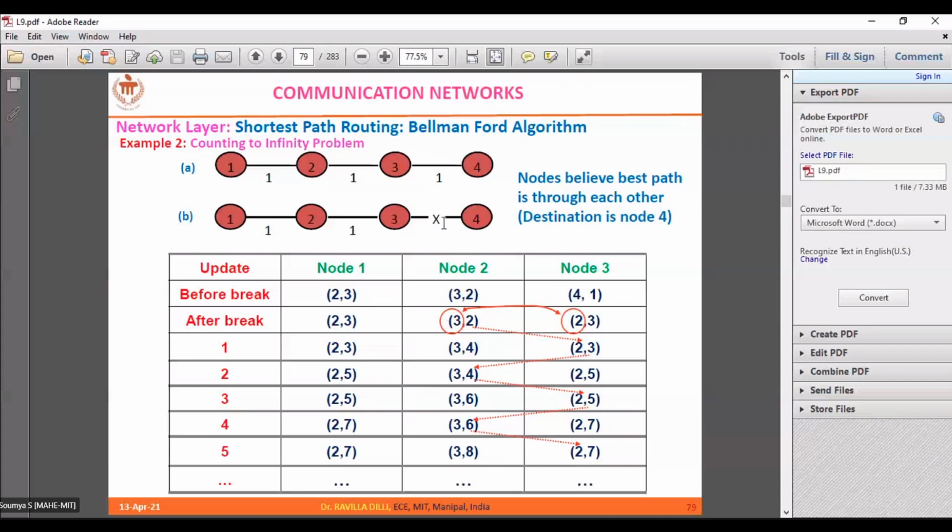Now let us say there is a break between 3 and 4. Then what happens? Every time it has to go on updating its table. Therefore, every time it goes on increasing its value by the distance that was existing earlier. Correct? So therefore, it is known as counting to infinity problem. Okay.